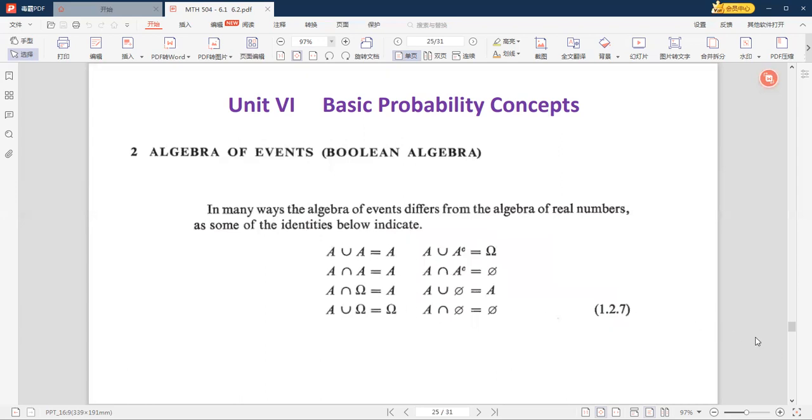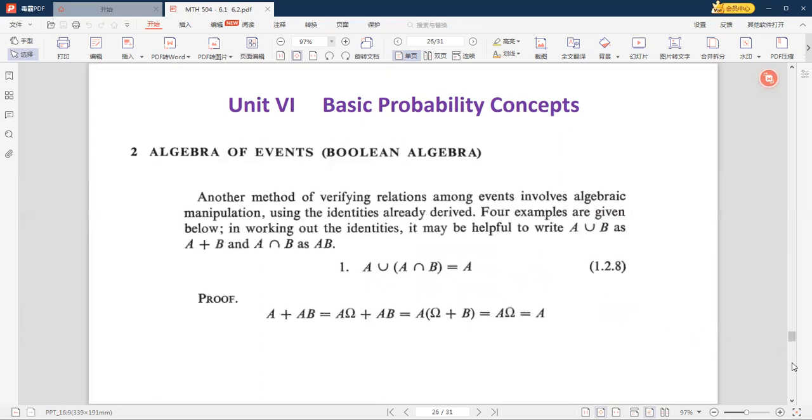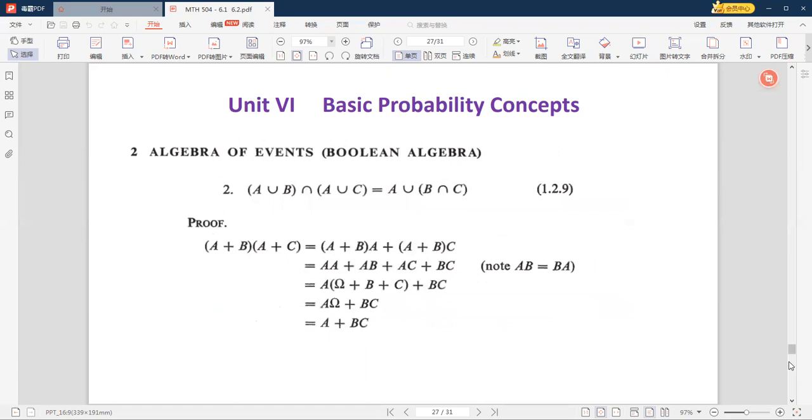But in any case, we can use all of those results, either they are similar to algebra in numbers or they're not. We still have those rules that we can use when we try to simplify or prove some results in Boolean algebra. We just did one example last time. We're going to do a little more so you can see how we can use this kind of algebra in our sets or events.